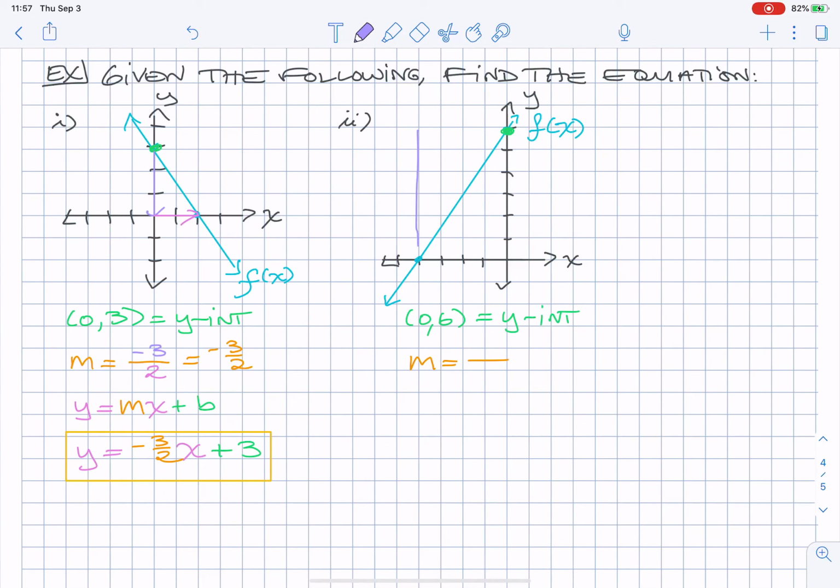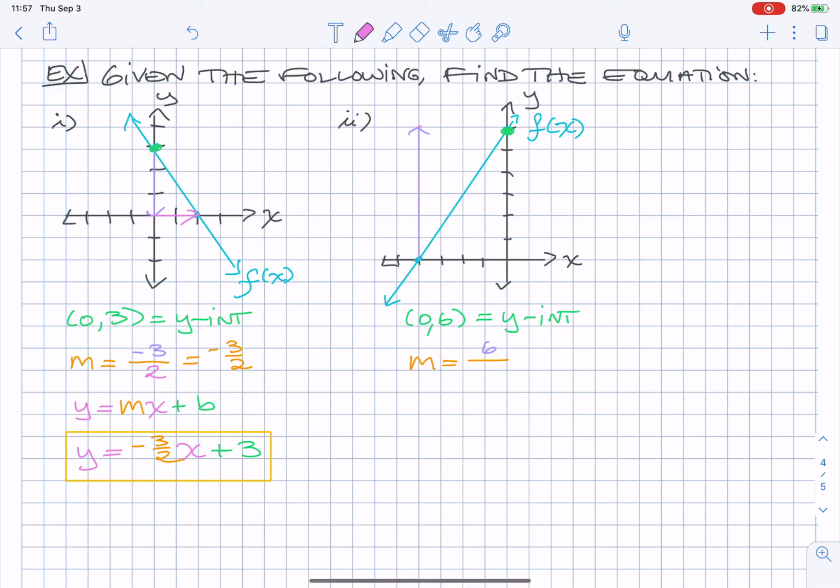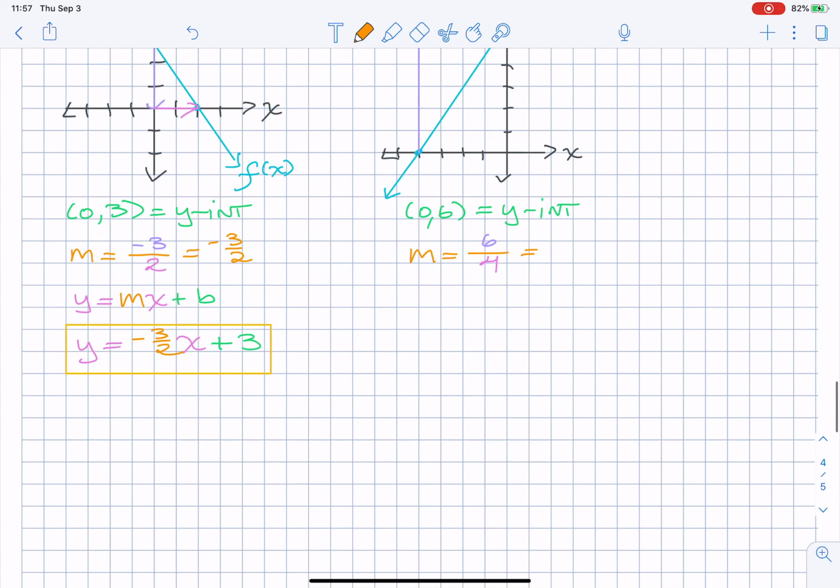Looks like I'm going to rise a +6 and then run a +4. So my slope will reduce to 3 over 2.